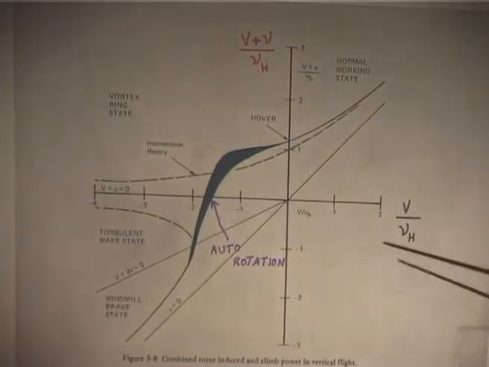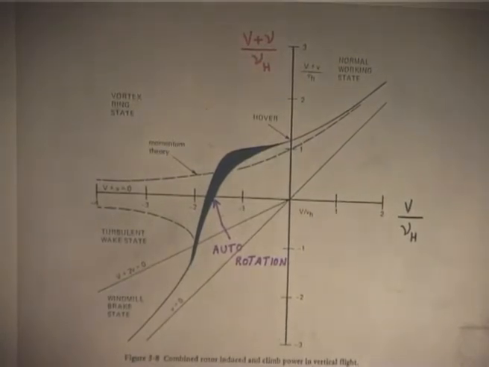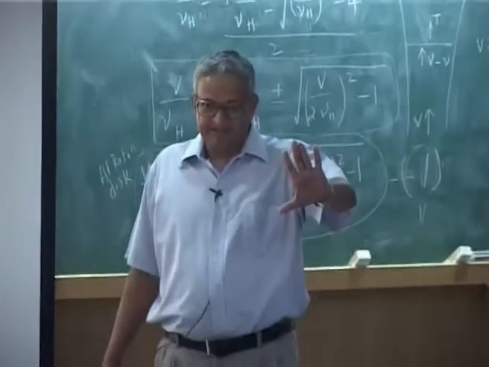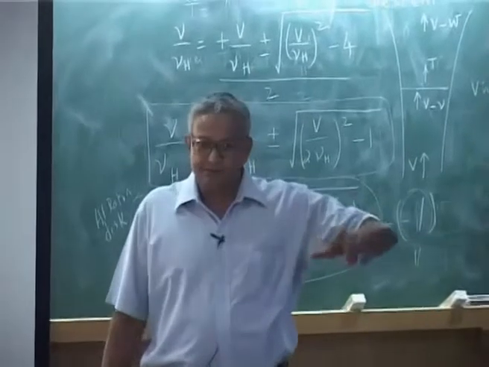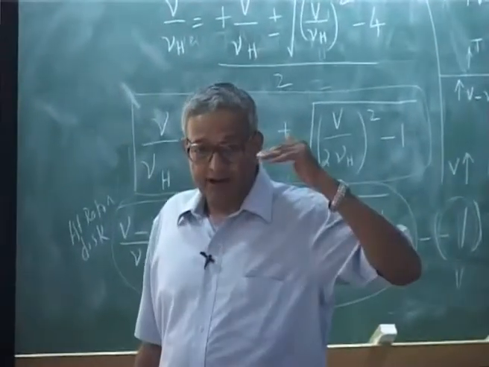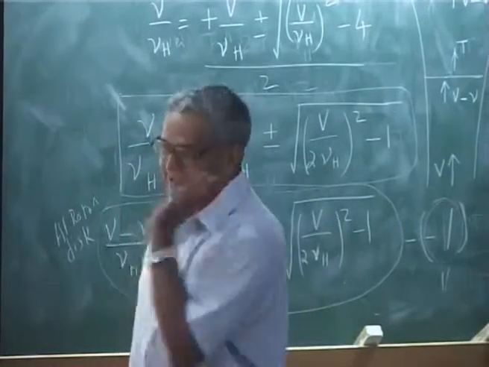And this particular curve is called the universal inflow diagram, but I will show the other diagram the next class. I will plot using these equations. We will plot the equations and then show that, oh, this is what is really given as the inflow, and then all your auto rotation, everything comes from here.